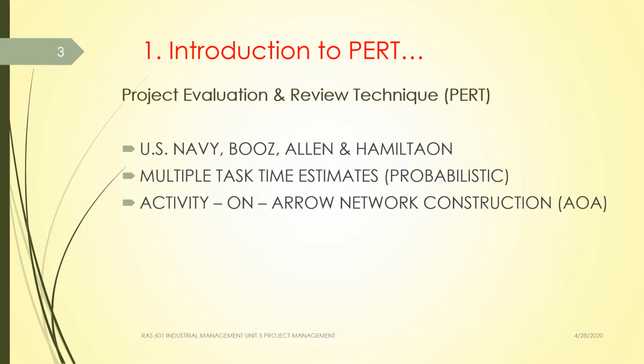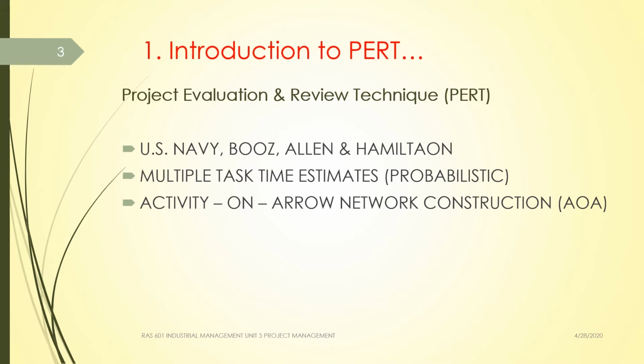by their experience. And so we combine them to find out the expected time by using a particular formula, which takes into consideration optimistic, pessimistic, as well as most likely time.